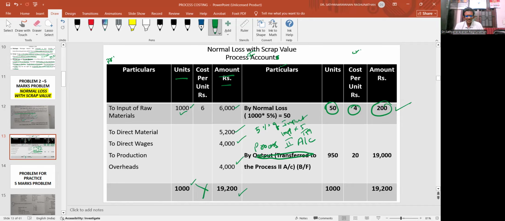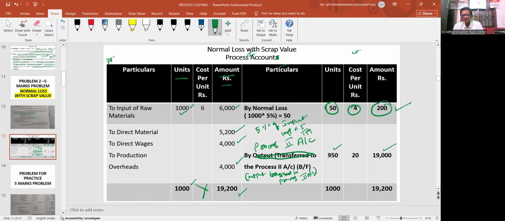Like that, you can write it. Now, 1000 minus 50, 950 in the units column. Don't worry about the cost per unit column. Leave it blank. Now, 19,200 minus 200, 19,000.